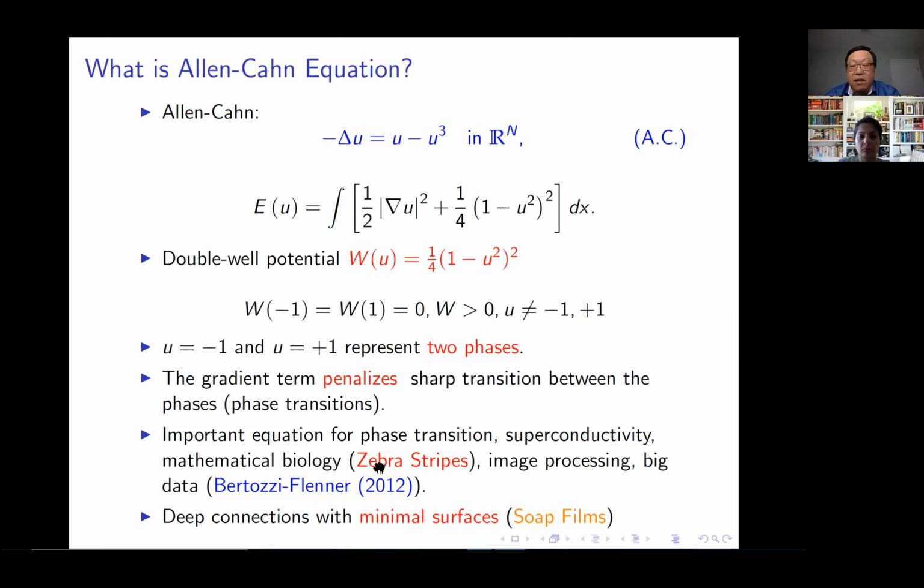That's why zebra stripes and soap films are connected by the Allen-Cahn equation. So I have explained the quiz and the answer.